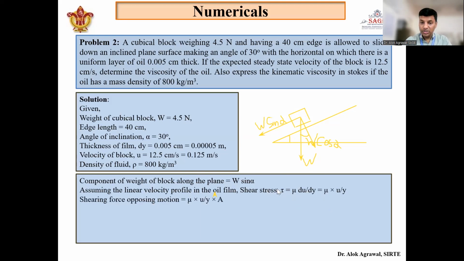This tau is shearing stress. Okay, so we have to calculate shearing force. So what we have to do, we have to convert this stress into force, that is F by A, and when we put in place of this tau F by A will come here and multiply, so we get shearing force as mu times U by y into A. Now force we know, because of what force?